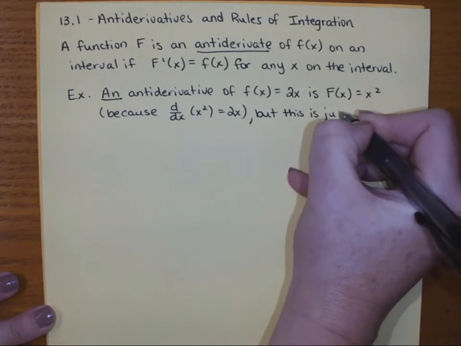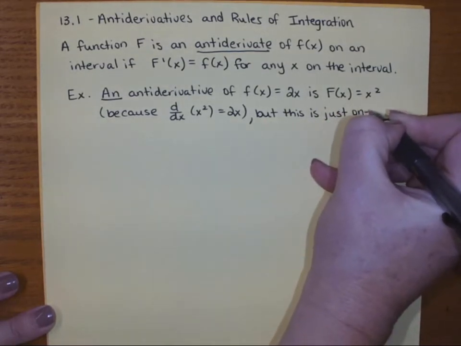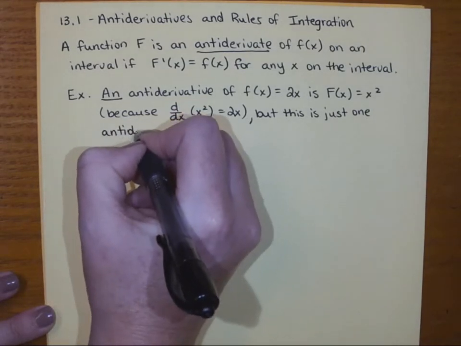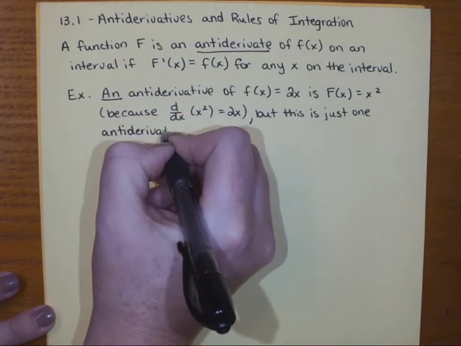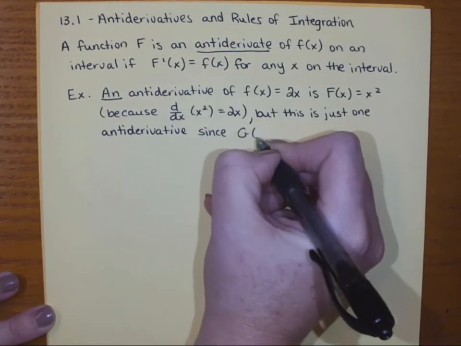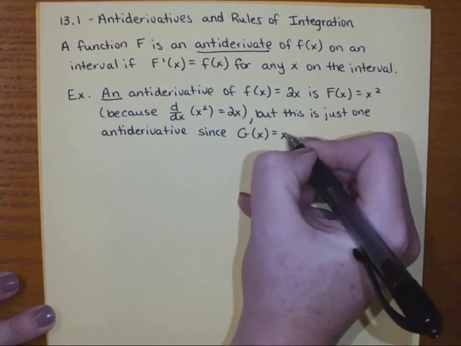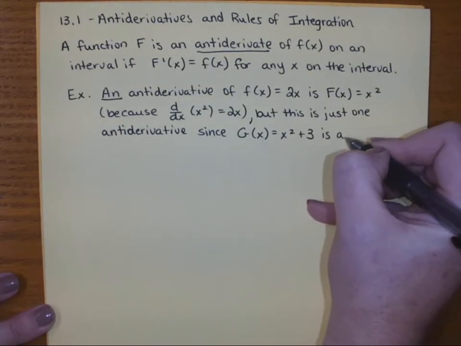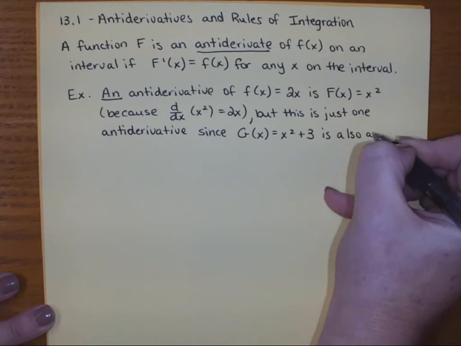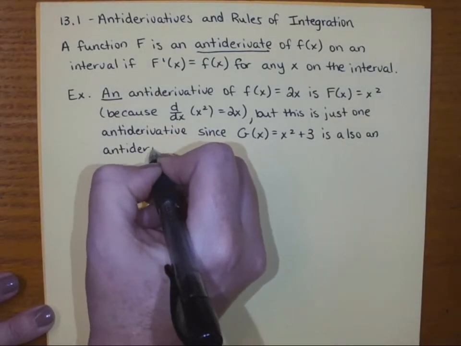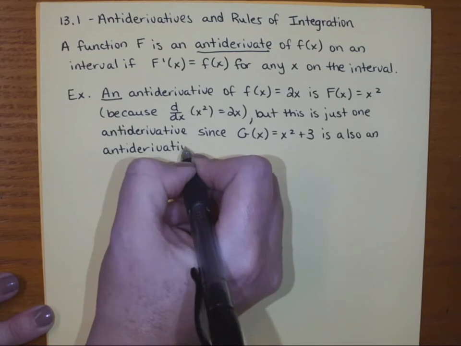And in fact, we're going to have a set of answers because it's just one antiderivative, because let me bring up another one that would have worked. x squared plus 3 is also an antiderivative for f of x, because notice if I take the derivative of x squared plus 3, I also get 2x.